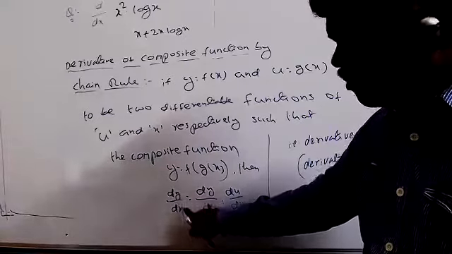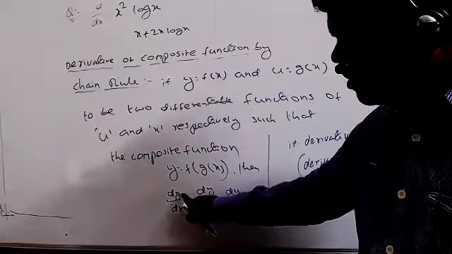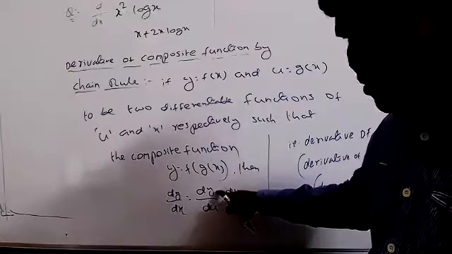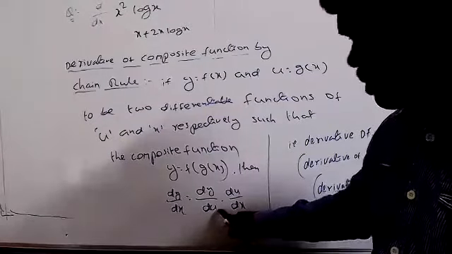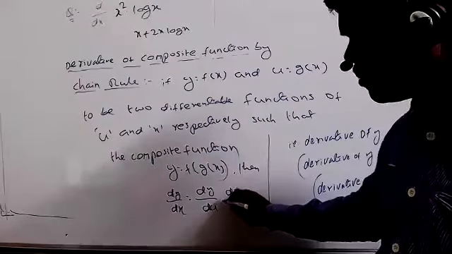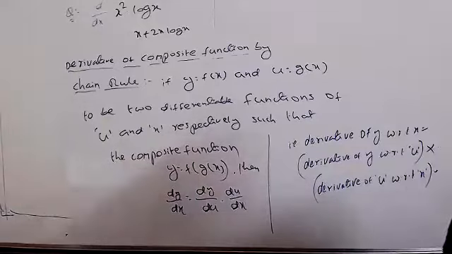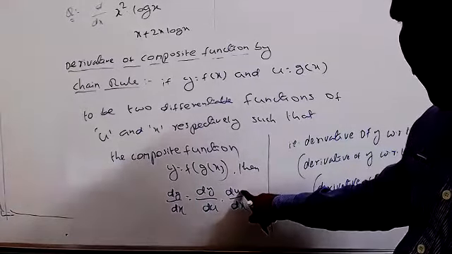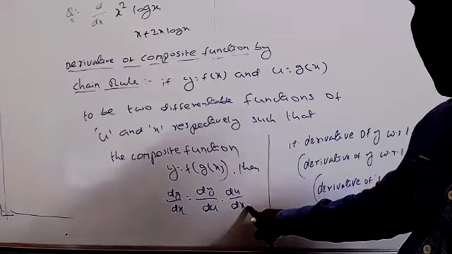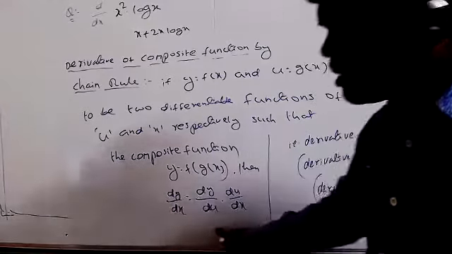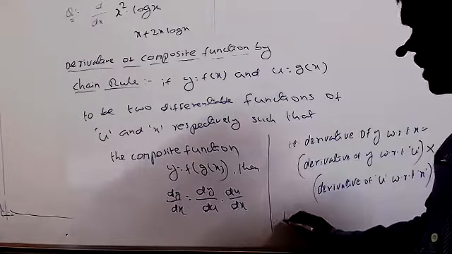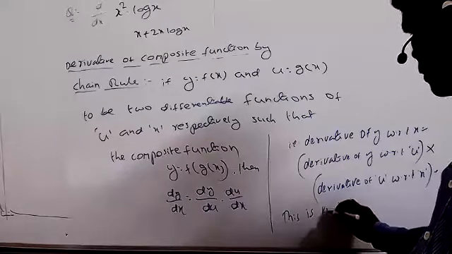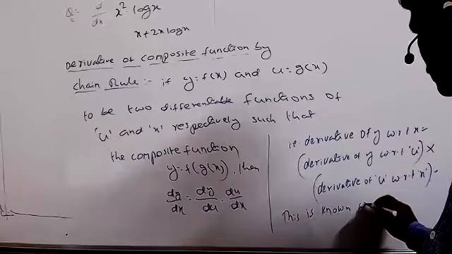Derivative of y with respect to x equal to derivative of y with respect to u into, you know what I mean by dot here now, dot product, derivative of u with respect to x. This is what we call the chain rule. This is known as chain rule.